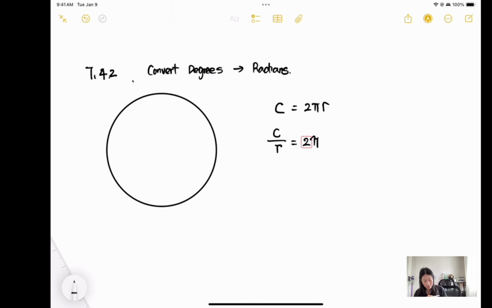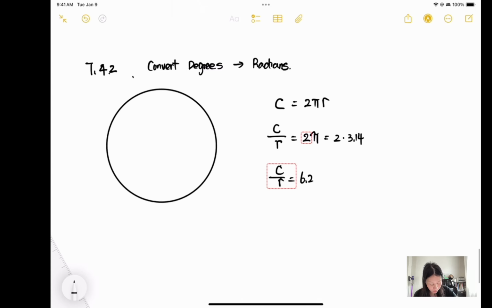So 2 pi is 2 times 3.14, which is 6.28. That means if I divide the circle by the radius, I will get 6.28 sections, or units, of a radius.